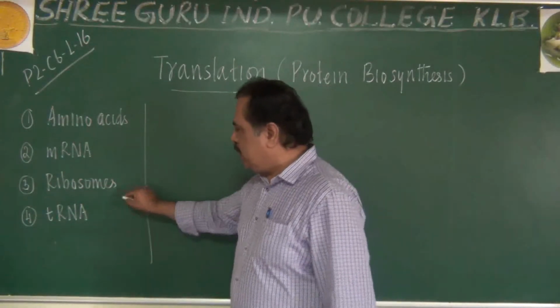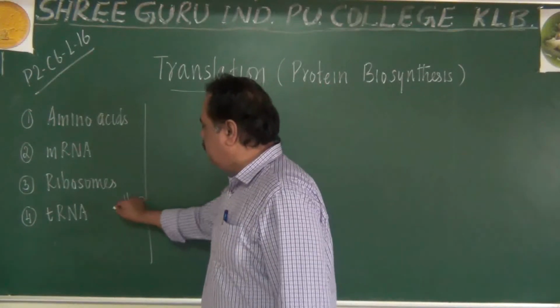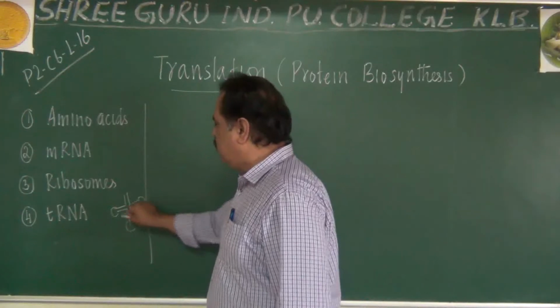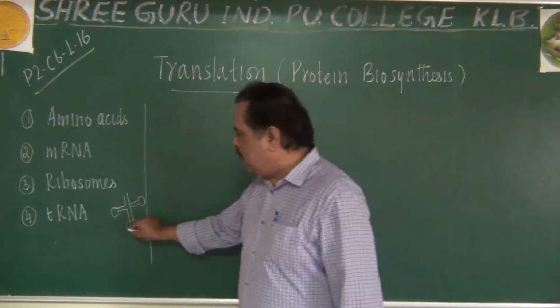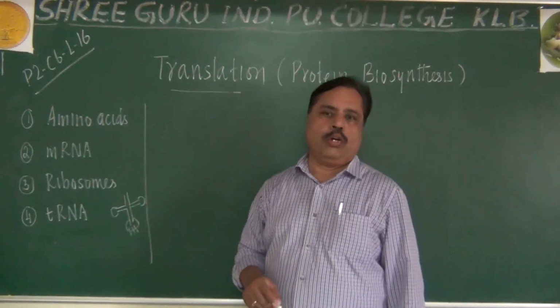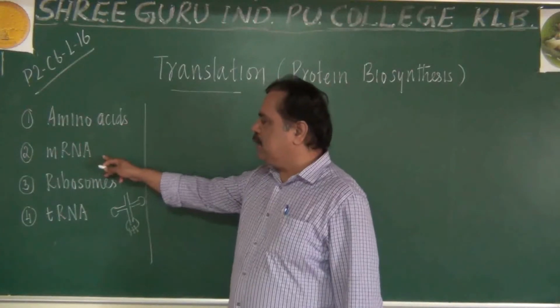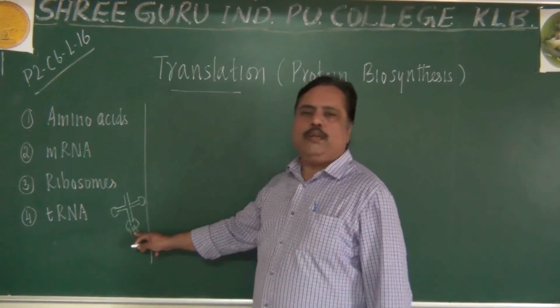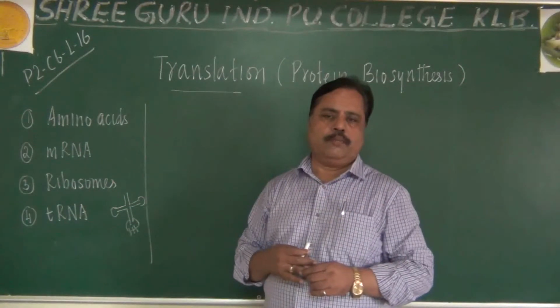Then there is one anticodon loop present in the tRNA molecule. In the previous class, I told you about this. This is called the anticodon loop. The anticodon loop will be complementary to the codon present in the mRNA. Codon is there in the mRNA, anticodon is there in the tRNA, and they are complementary to each other.